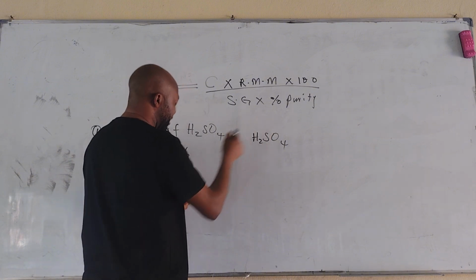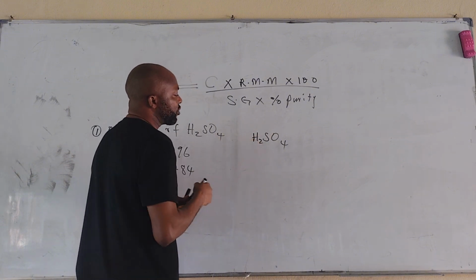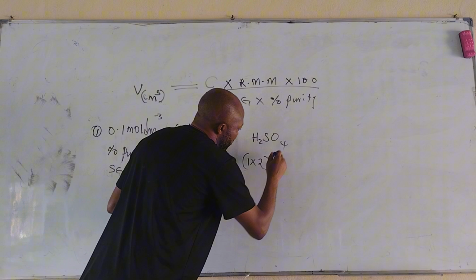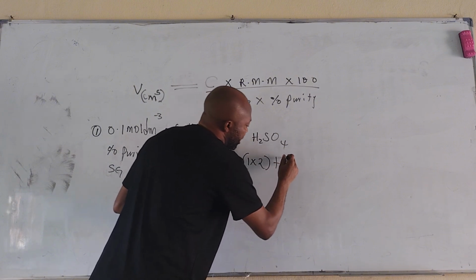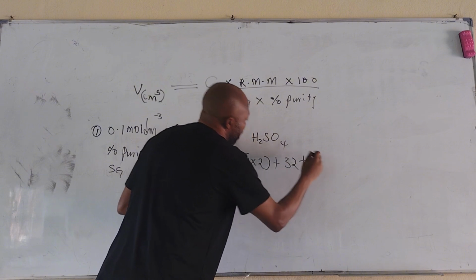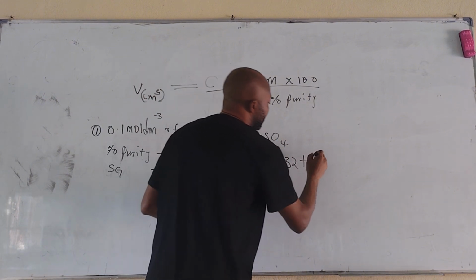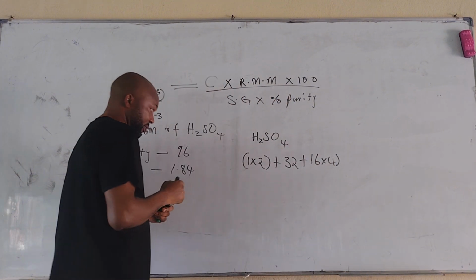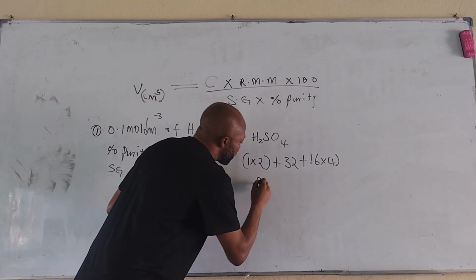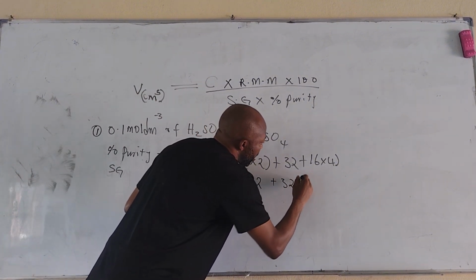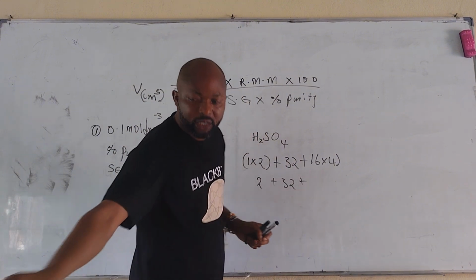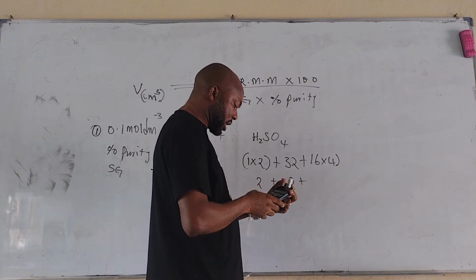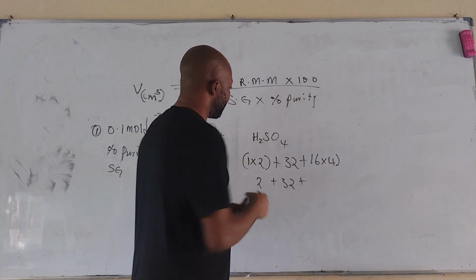The relative molecular mass is hydrogen, 1 times 2, plus sulfur, 32, plus oxygen, 16 times 4. 16 times 4 is 64.